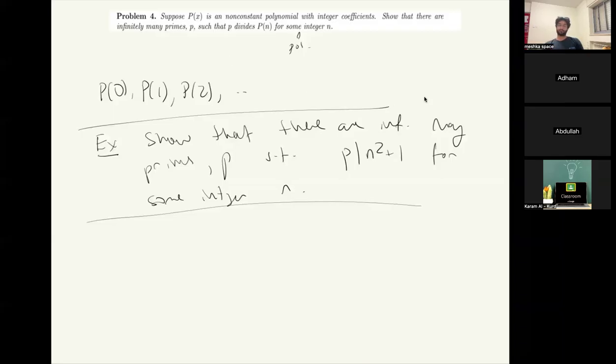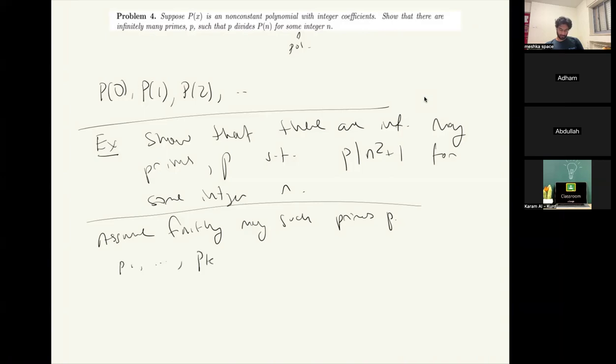So any ideas what we can do here? I think we can prove it by contradiction. Okay, so let's assume that there are only finitely many such primes p. Okay. Now what? Now we assume that p1, p2, up to pk are all these primes.